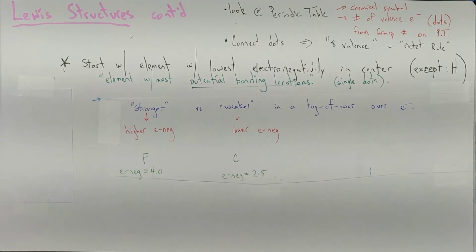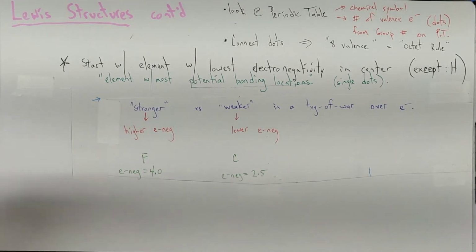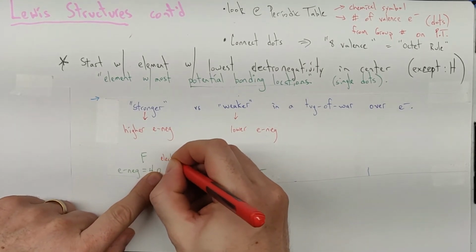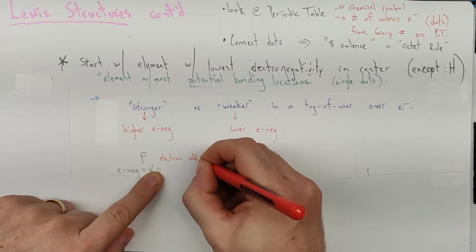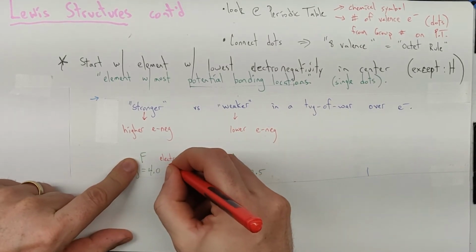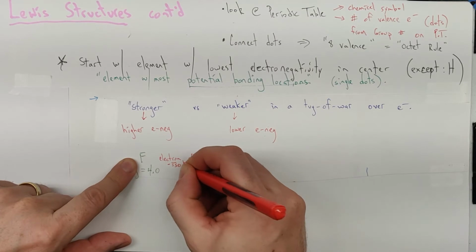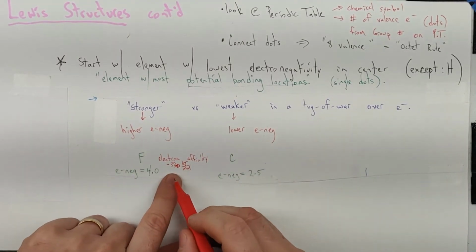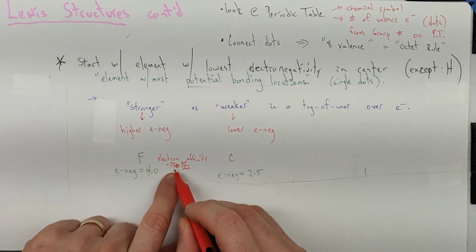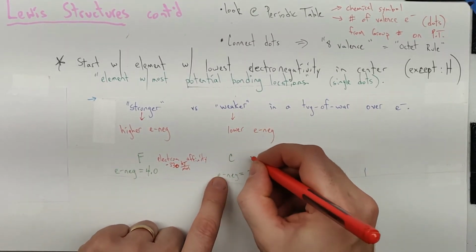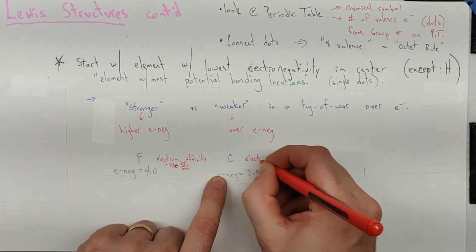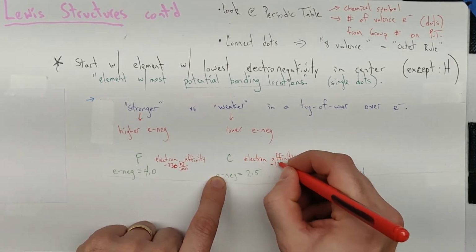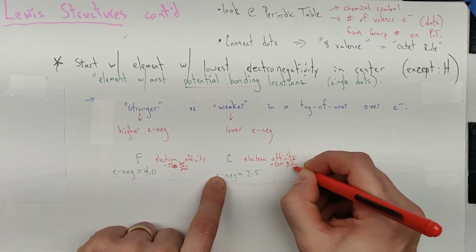If we look at actual electron affinity values, and these are rounded quite a bit, but fluorine has an electron affinity of around negative 330 kilojoules per mole. And I want to point out that those numbers, or those words, don't have to mean anything if you haven't watched those other videos, but that's a larger in magnitude number than carbon, which has an electron affinity around negative 130 kilojoules per mole.